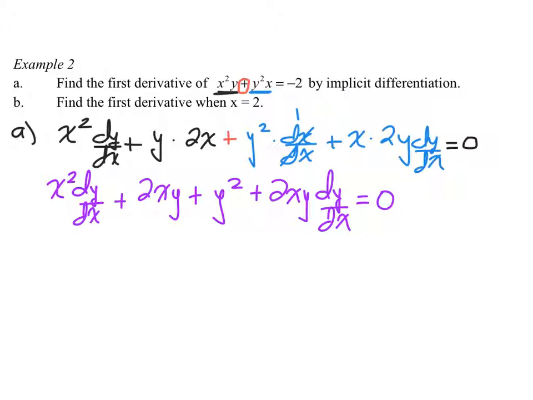Alright, so not as nice as my false start, because the false start thing is beautiful. This one, we have 2 dy dx's. Alright, well, that's okay, we can handle that. What we're going to do is take anything that doesn't have a dy dx and shoot that over to the other side.